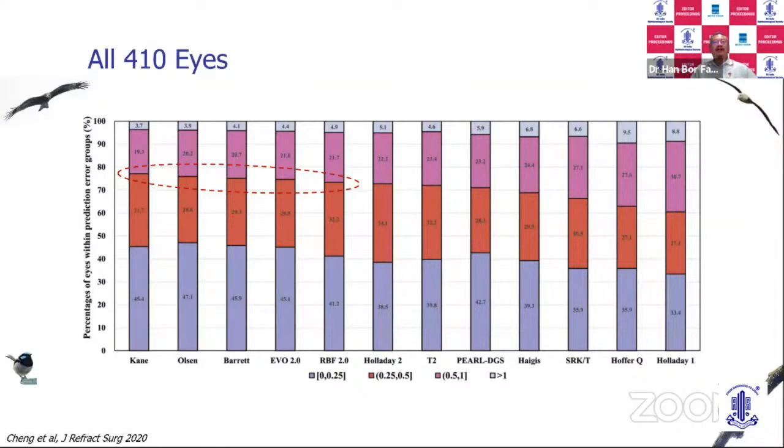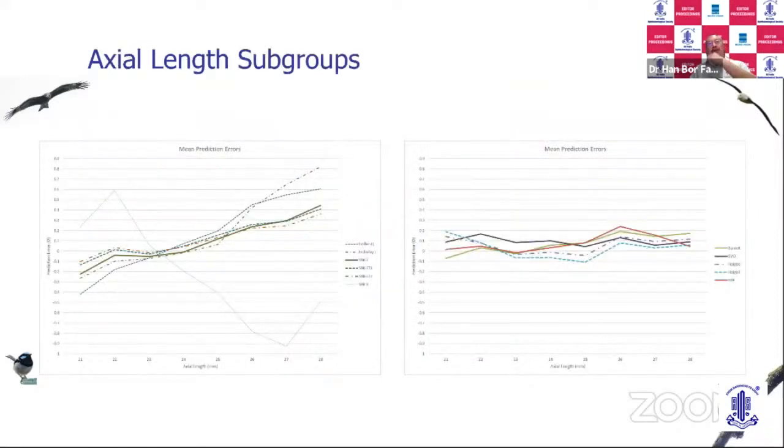This is 410 eyes using Swept-Source OCT. What is interesting from our data is that this is the traditional formula, and this is the newer formula, together with Haigis. You can see the traditional formula is sensitive to axial length. There's a regression against axial length that's inclined.